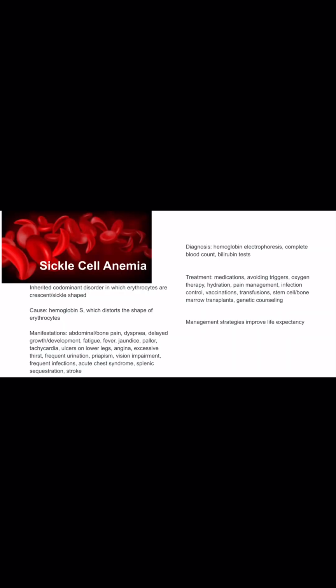Sickle cell anemia is an inherited codominant disorder where the erythrocytes are crescent or sickle-shaped. Causes of sickle cell anemia is hemoglobin S, which distorts or misshapes the erythrocytes.